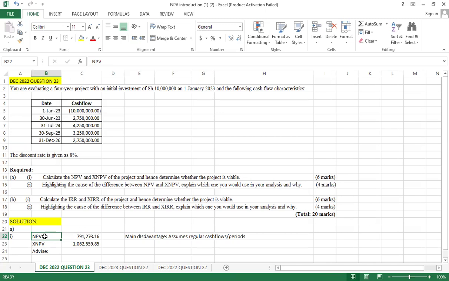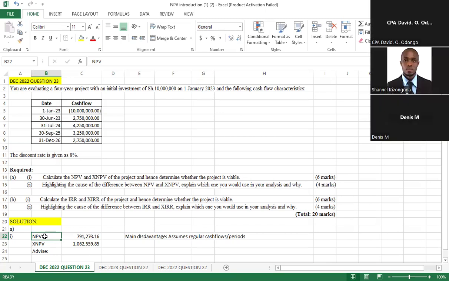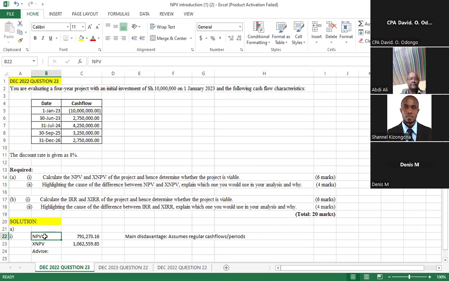I'm just trying to absorb this because in my AFM, I don't remember doing XNPV at some point. I don't know if I'm forgetting. I have used NPV before, I have computed it, but I've not computed XNPV. So this only applies when we are using Excel?